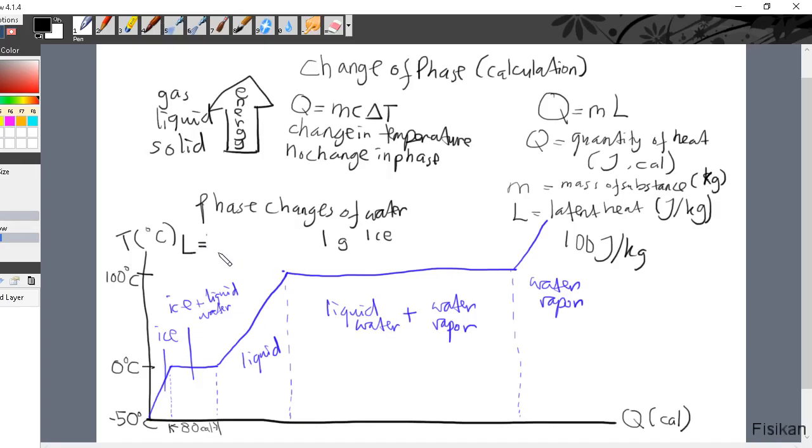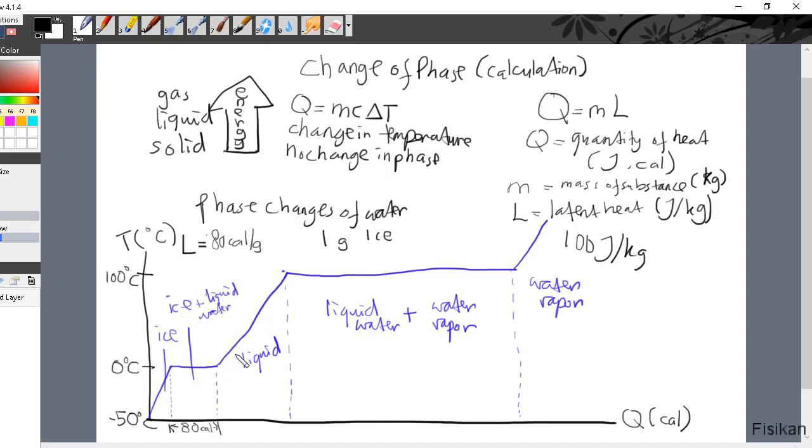And there's a constant for that, the latent heat of fusion, which is 80 calories per gram. Here it means that 1 gram of ice needs 80 calories to become 1 gram of liquid water, all of it.